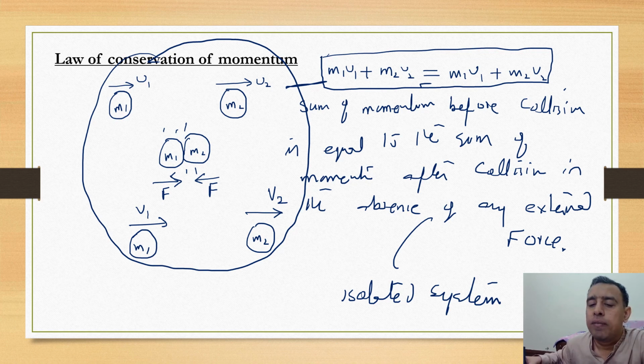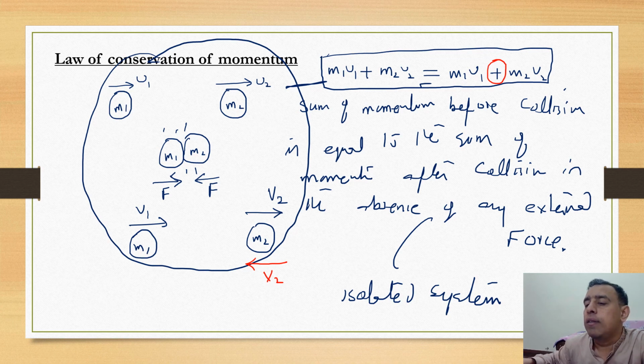For example, if this velocity is reversed, suppose v2 is in this way, then put a negative sign at this place. And if any other arrow is going to reverse, just put the negative sign.